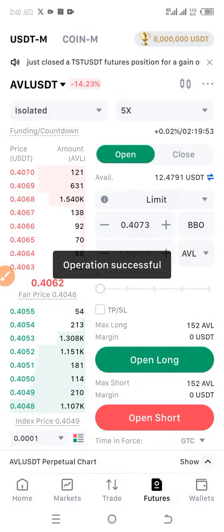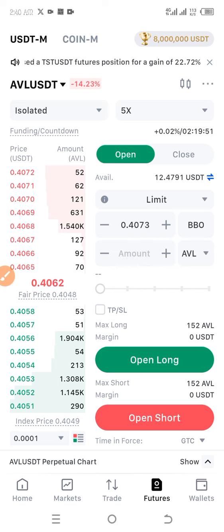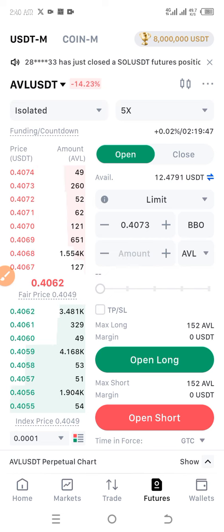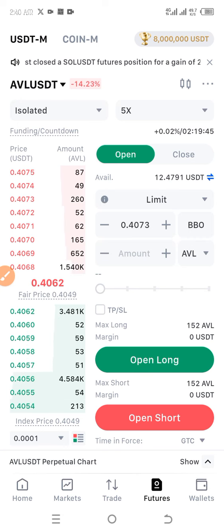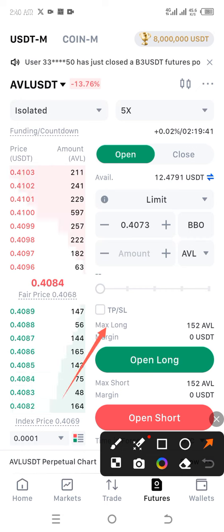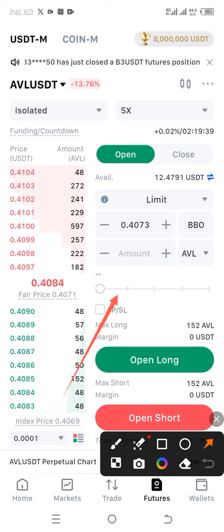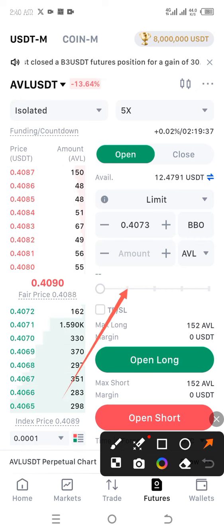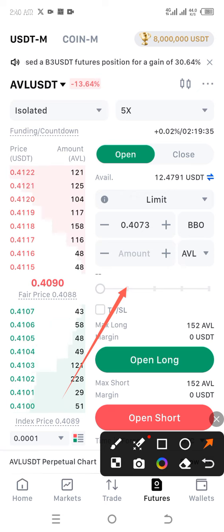Now, the major one is, firstly, I will advise you, if you are using any fund within $20, please don't go to this specific place here. You are going to adjust the amount of the fund that you are going to come into trade.